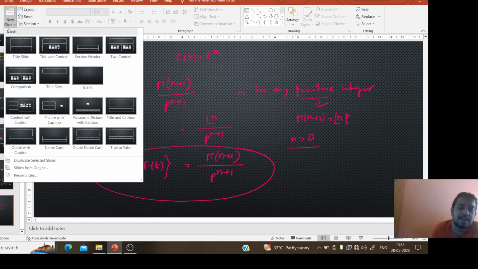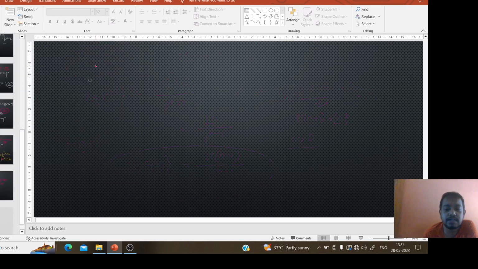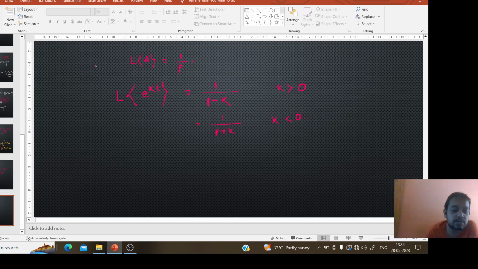And we can also say that now, if we discuss everything here, we get some formulas from here. The Laplace transform of any constant is 1 by p. The Laplace transform of e to the power kt is 1 by p minus k when k is greater than 0, and 1 by p plus k when k is less than 0. L of sine at is equal to a by p square plus a square.